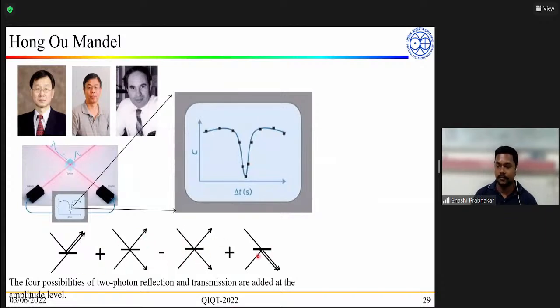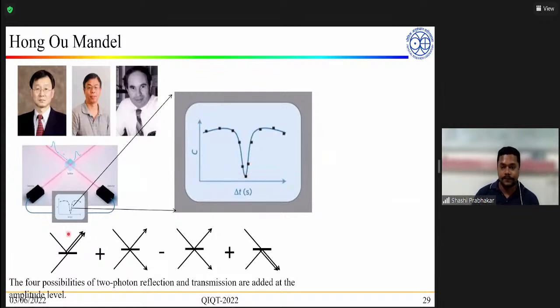These are the four combinations available. According to Hong-Ou-Mandel, who did it for some other purpose, the conclusion was that if those two photons are really indistinguishable, in that case they will bunch up.